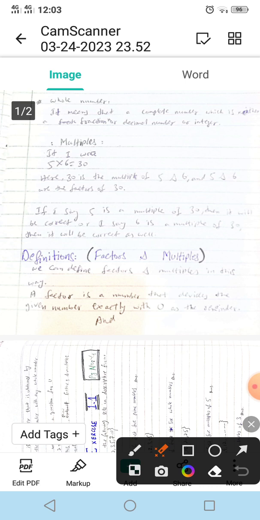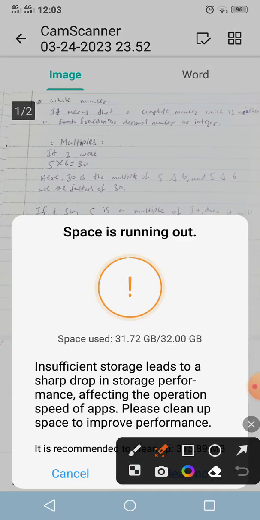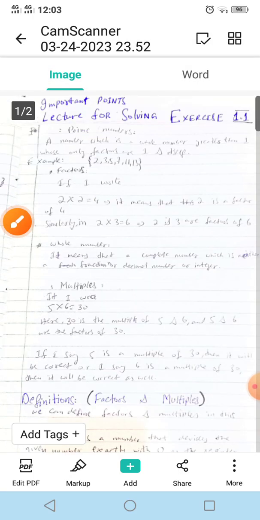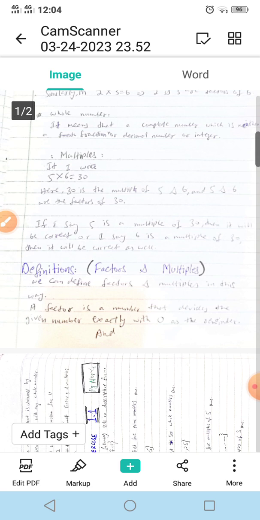A factor is a number that divides the given number exactly, with 0 as a remainder. It means that if I write 2 and 4, here 2 is a factor of 4. 2 is a factor of 4.